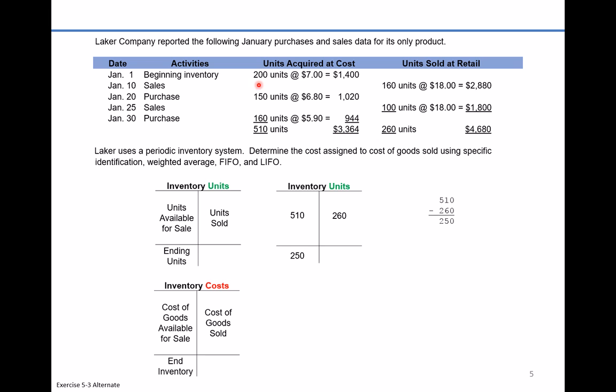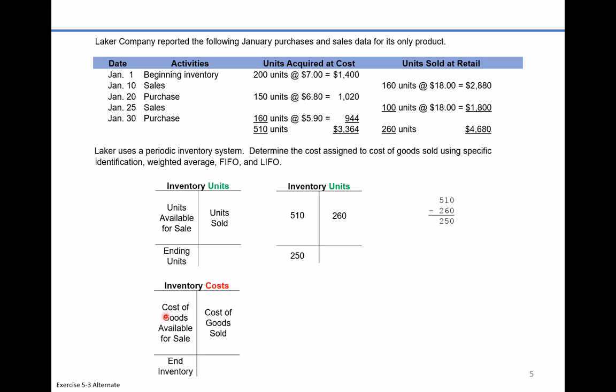Remember, that was just all the different purchases they made times the cost per unit in each of those purchases, which gave us the total cost of all the purchases. We add all those up, and that's just the total cost of all the goods that Laker had available to sell throughout the month of January. We simply call that term the cost of goods available for sale.